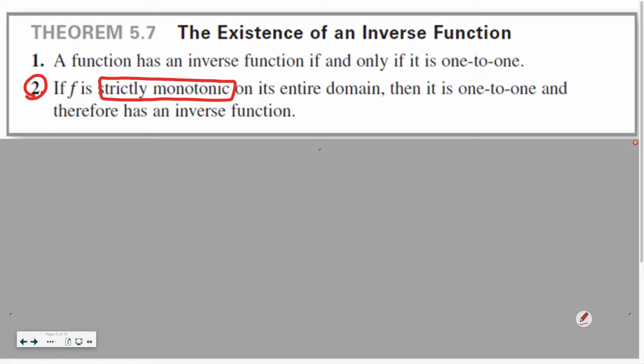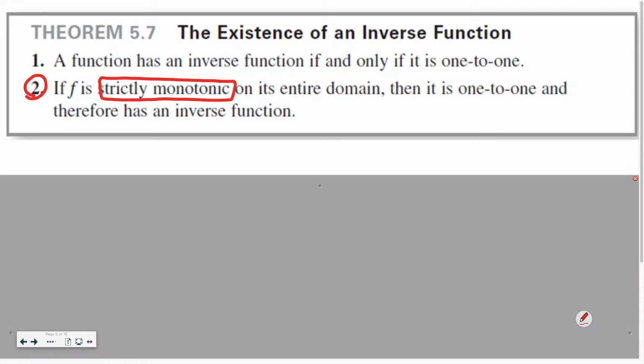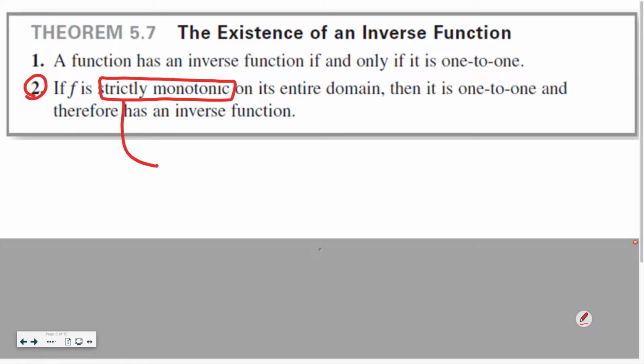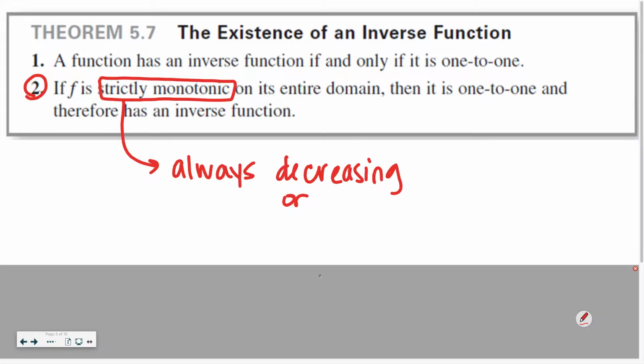Anyone know what that means? Functions that are going to pass the horizontal line test are always increasing, or always decreasing.